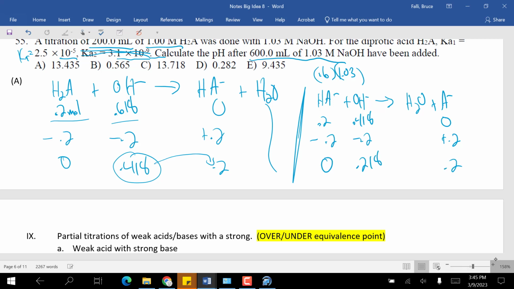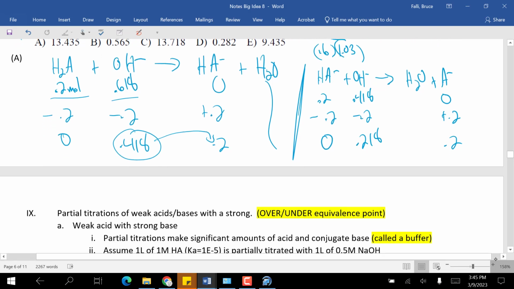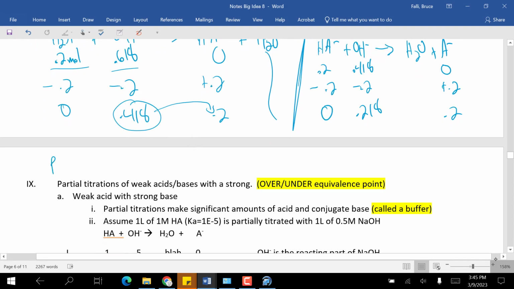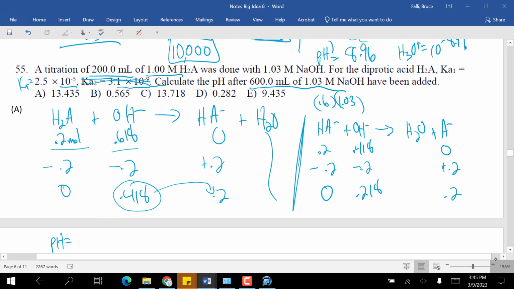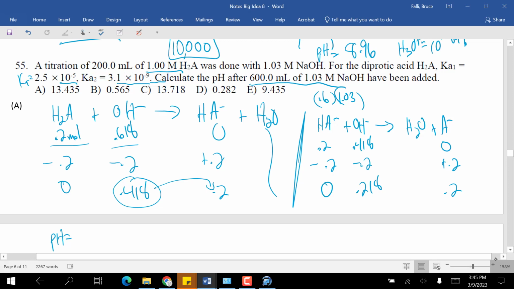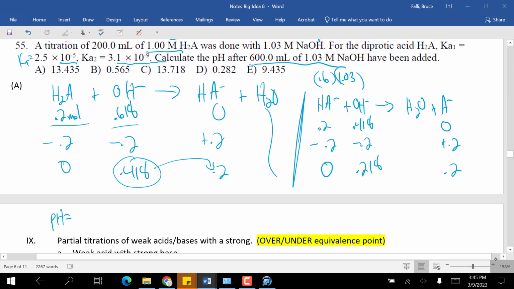Now I'm going to use Henderson-Hasselbalch with the second pKa. Did it give me a pKa here? I'm sure they did. Ka2, which I scribbled out before I read the problem. So I'm going to do the negative log of 3.1 E negative 9. pH equals 8.51 plus log base over acid. Which one's my base? Oh man, I totally messed this up too.